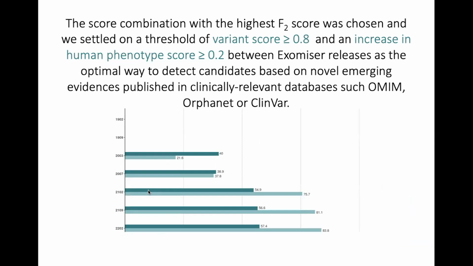And the score combination with the highest F2 score was chosen, and we settled on a threshold of variant score of 0.8 and an increase in the human phenotype score of more than 0.2 between Exomiser releases as an optimal way to detect candidates based on novel emerging evidence published in clinically relevant databases such as OMIM, Orphanet, or ClinVar.